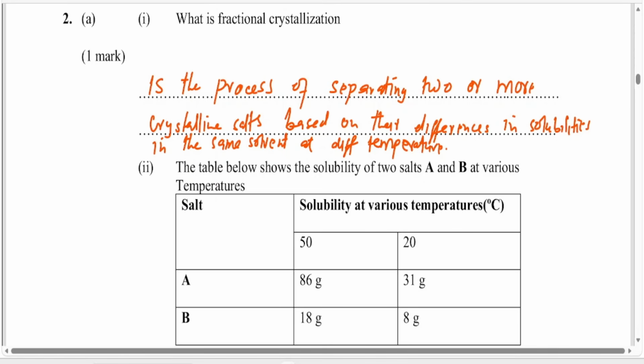That is what we call fractional crystallization. So you find a salt that is soluble at this temperature and one that is not soluble. With that difference in solubility, we can separate one of the salts.